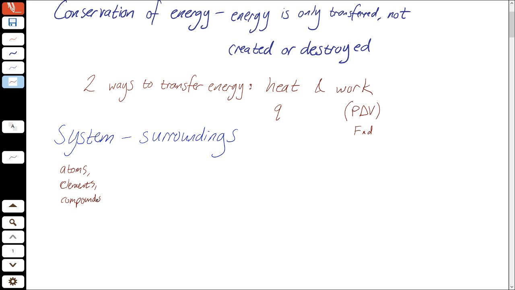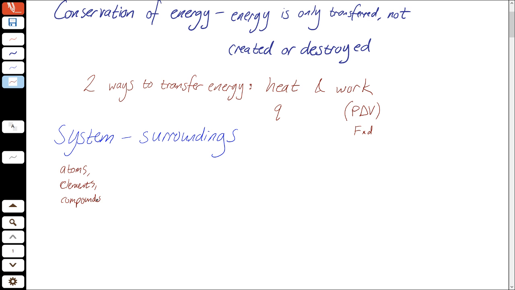Question? Can I just rephrase what you said in a different way? Sure. I want to make sure I'm understanding it right. So heat goes out as exothermic and heat comes in as endothermic? Yep. But that out and in may be different depending on how you define what's out and what's in, right?